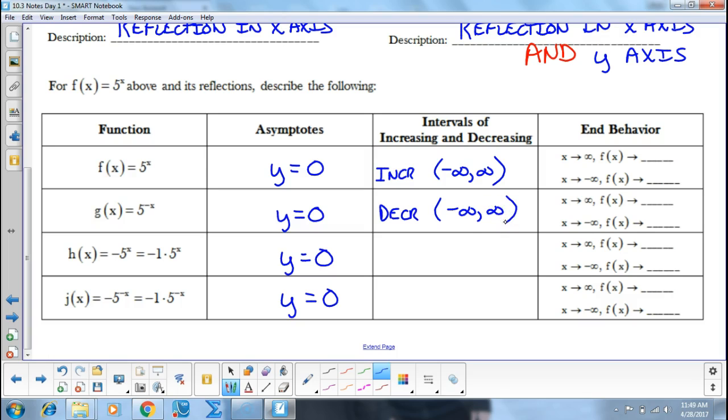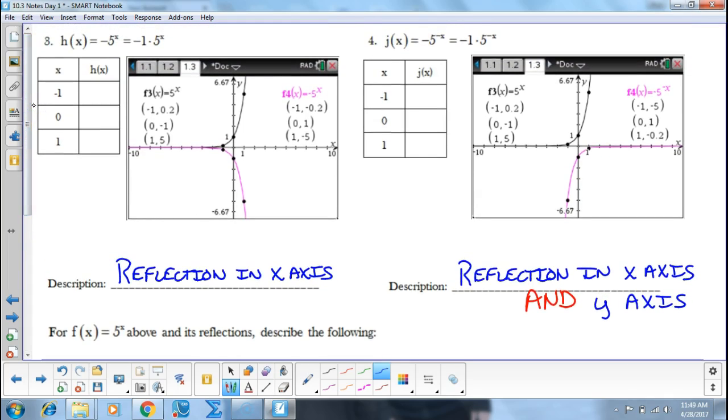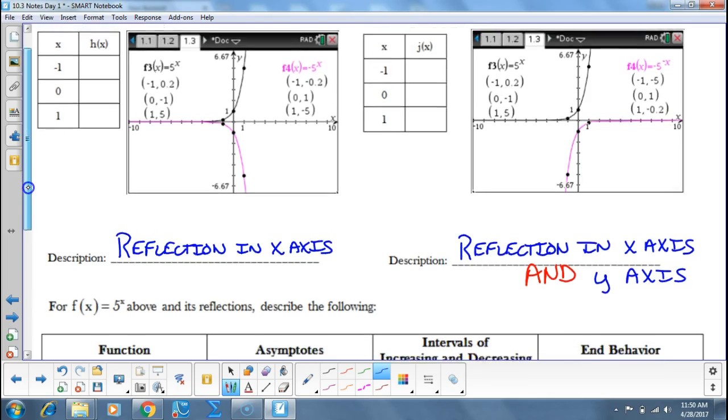What about in number 3? Let me scroll back up here and see. It looks like it's a decay, but it is not a decay. It actually is an increasing function because the function is getting farther and farther away from the asymptote.